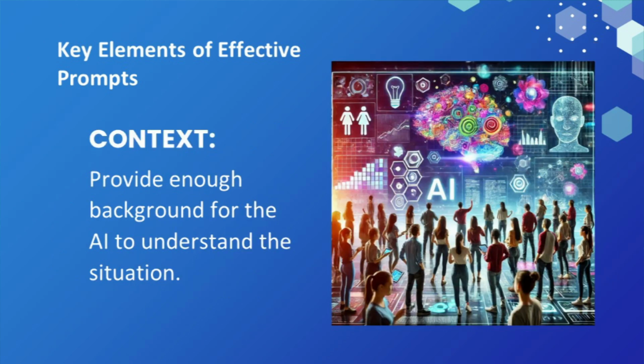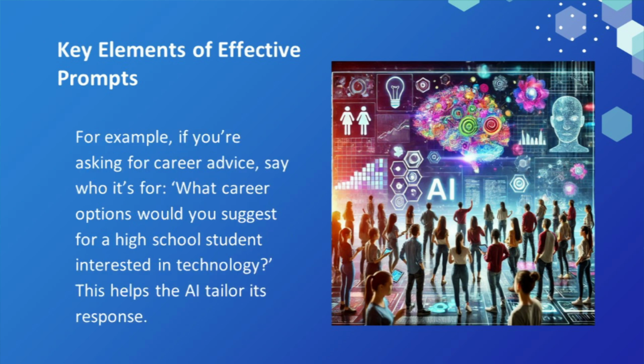Then the context. Provide enough background for the AI to understand the situation. For example, if you are asking for career advice, say who it's for. What career options would you suggest for a high school student interested in technology? This helps the AI tailor its response.